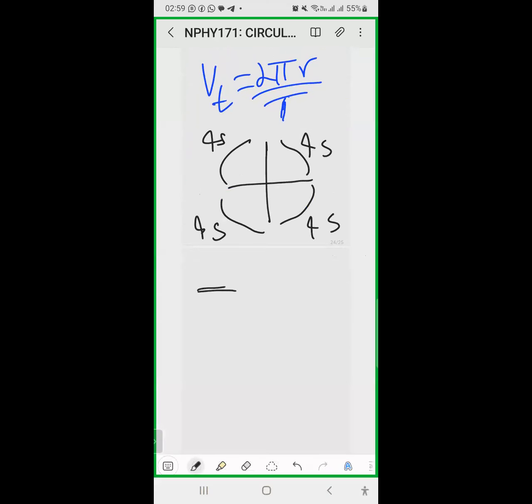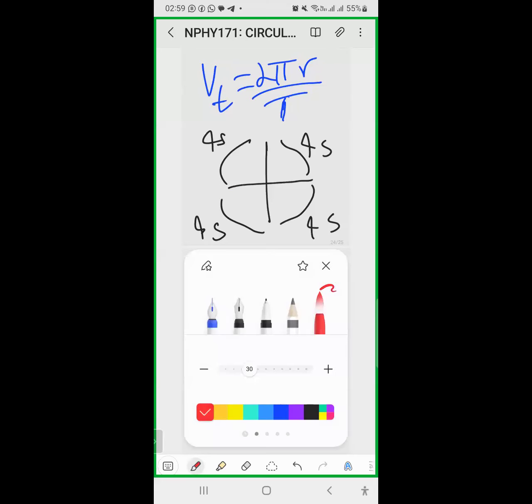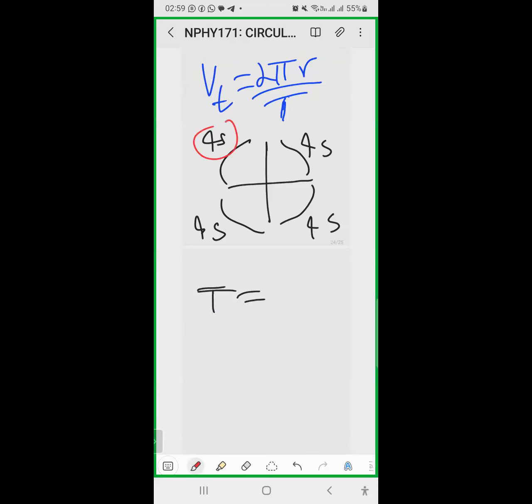Our period, T, which is what we are looking for, will be 4 plus 4 plus 4 plus 4, which is 16 seconds. So the period is 16 seconds. It took this car 16 seconds to make 4 turns, and then it returns to its equilibrium position where it started, right?